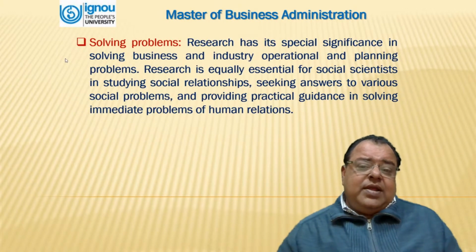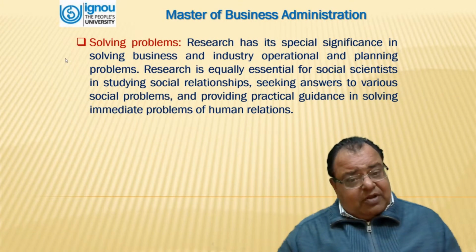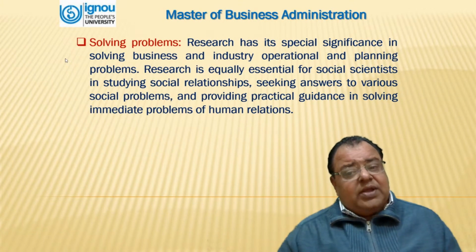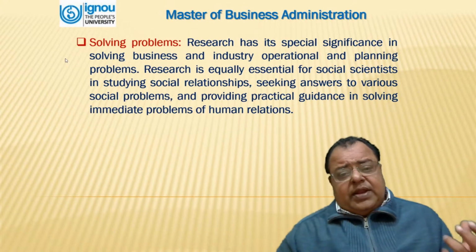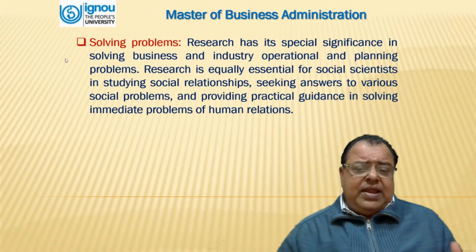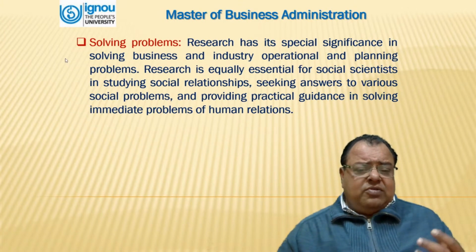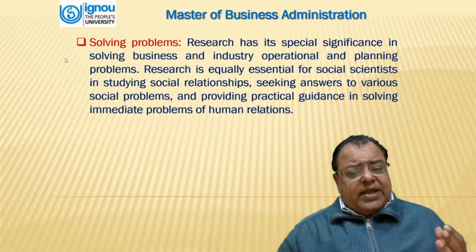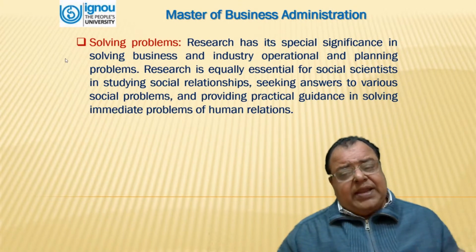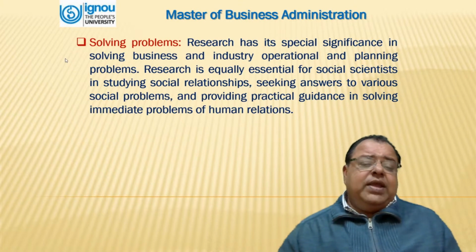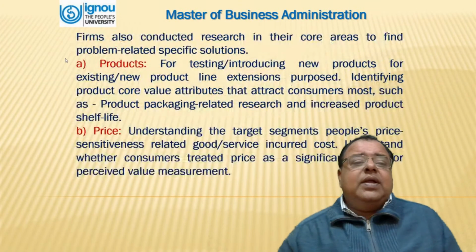Solving problems. Research has special significance in solving problems in industry, and operational and planning problems. Research is equally essential for social scientists in studying social relationships, seeking answers to various social problems, and providing practical guidance in solving immediate problems of human relations.